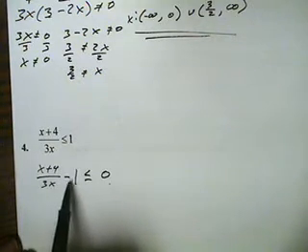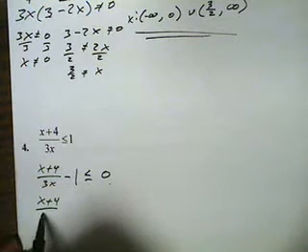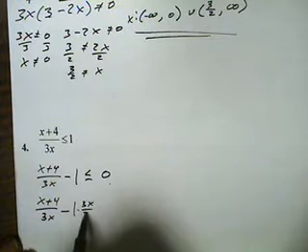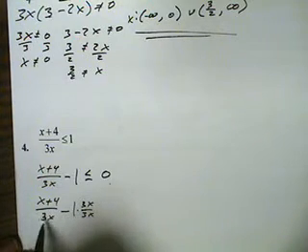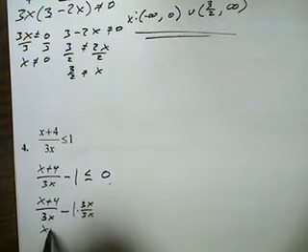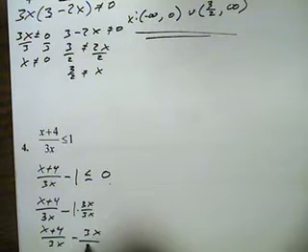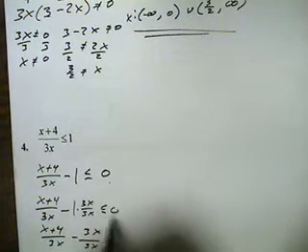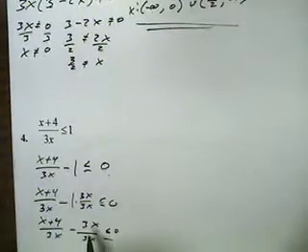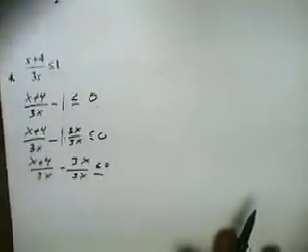Next, I want to make this all one rational. So I need to multiply the 1 by 3x over 3x, which is the common denominator here. So 1 times 3x is, of course, 3x. Okay, and I can now put together my negative 3x with my positive x.